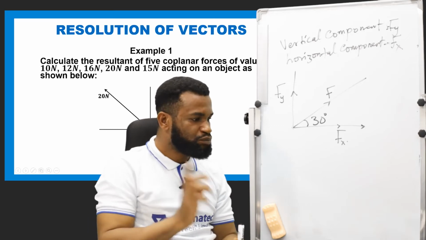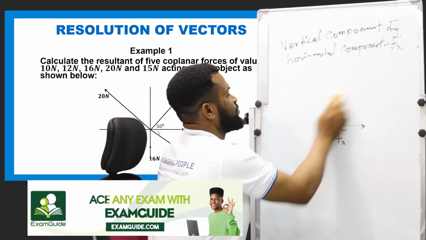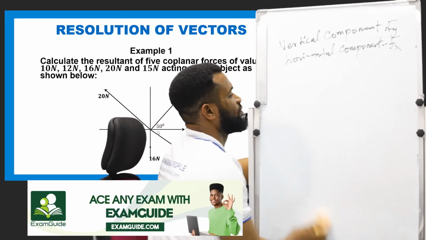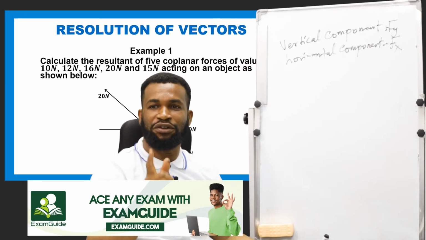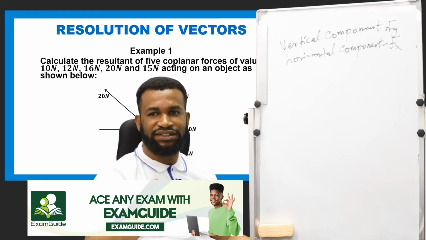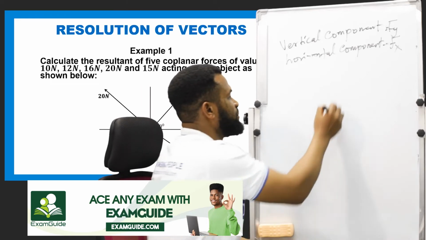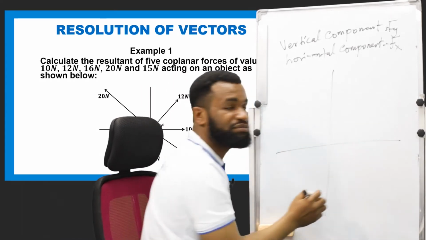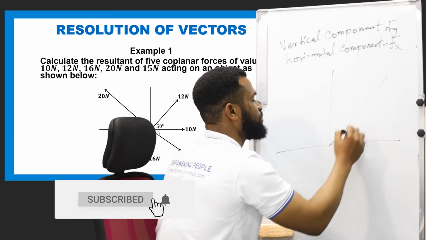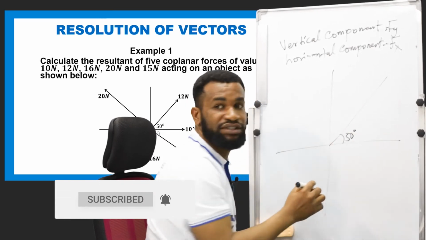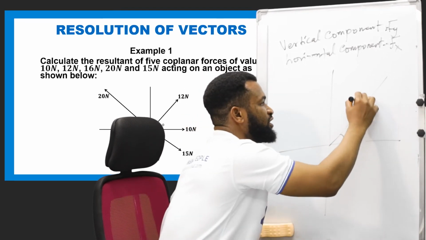All right. I'm going to resolve each vector vertically and horizontally. Look at the problem. At this point, I'm giving it 50 degrees, and the force on that body is 12 Newton.